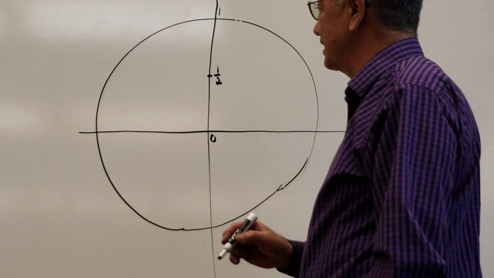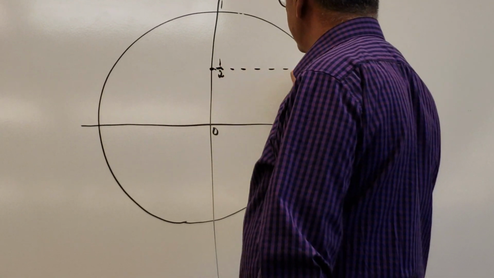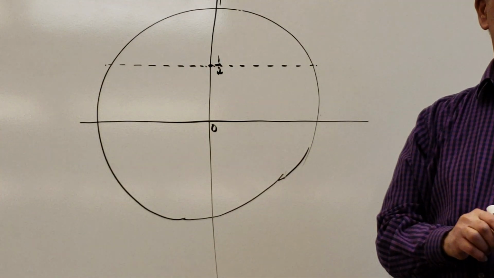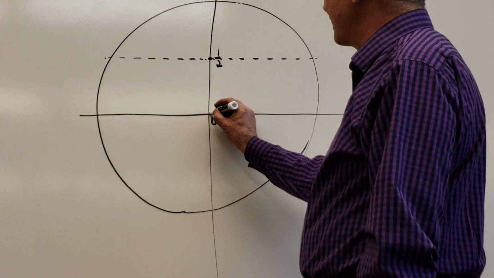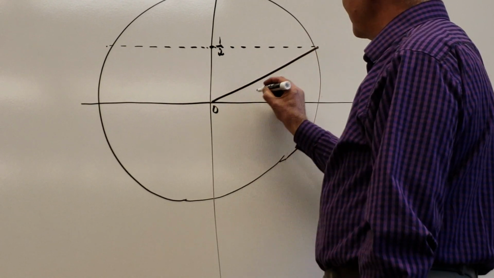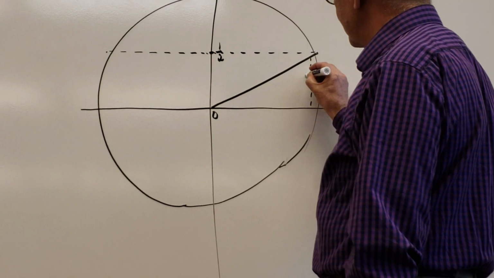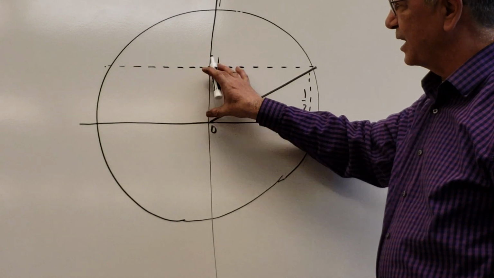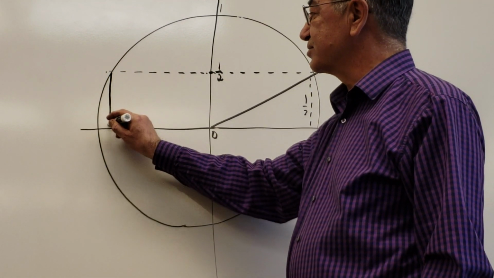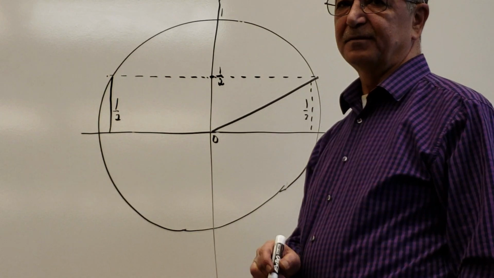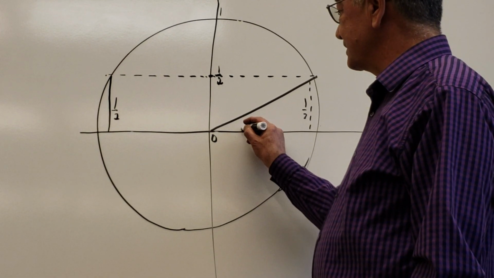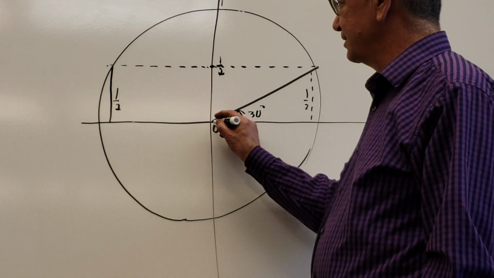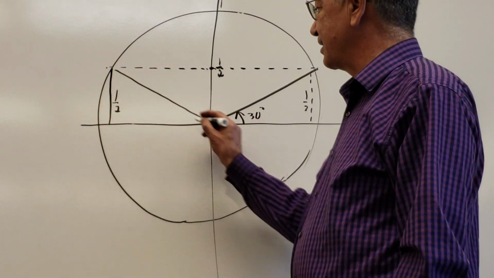Now, if it's 1/2, you can go to the right and then to the left. If you go to the right and connect them, this is also 1/2, isn't it? This height is 1/2, and this height is also 1/2. Now we know this angle is 30 degrees. My question is, how much should this angle be?